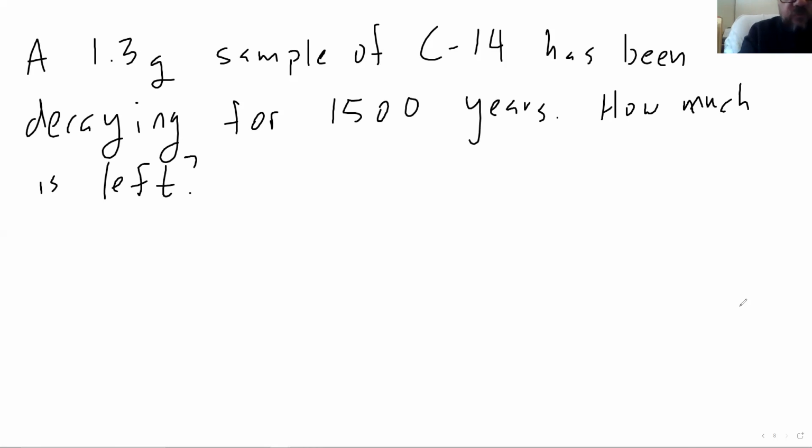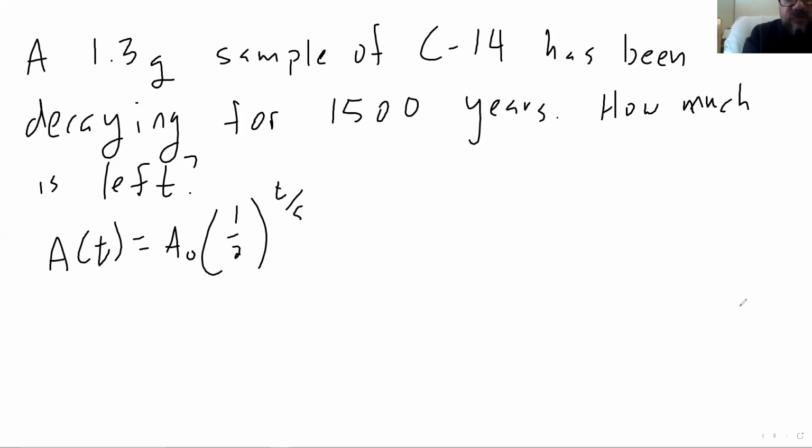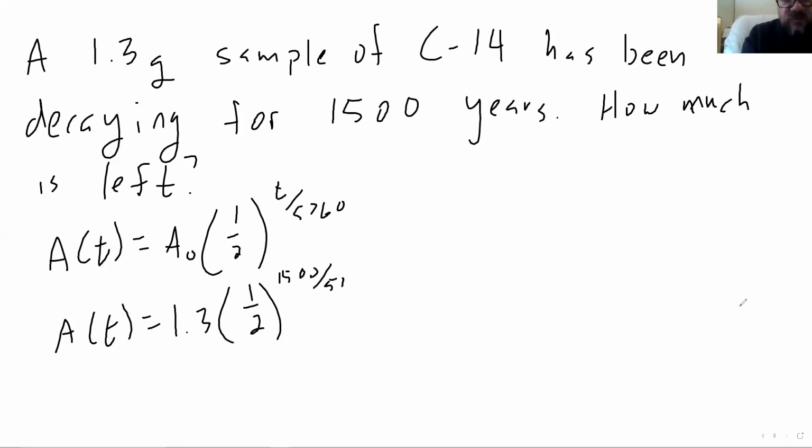So we're going to do the same thing, basically, except now I've got an amount question instead of a percent question. So I'm going to start with my amount. A of T is A0 times 1/2 to the T over half-life, so 5760. So here I've got A of T equals 1.3 times 1/2 to the 1500 over 5760. I'm just going to jam that into the calculator.